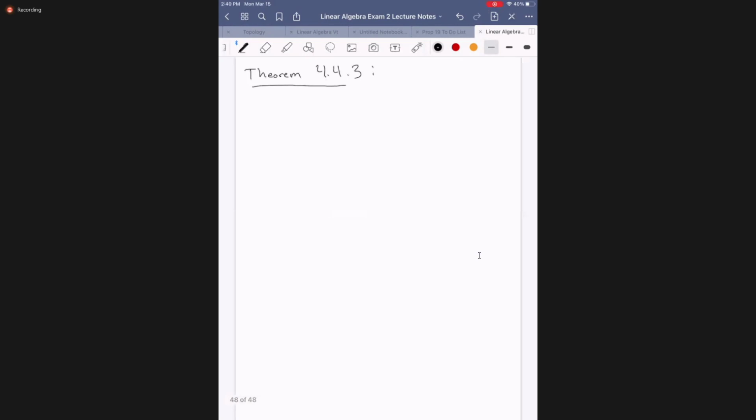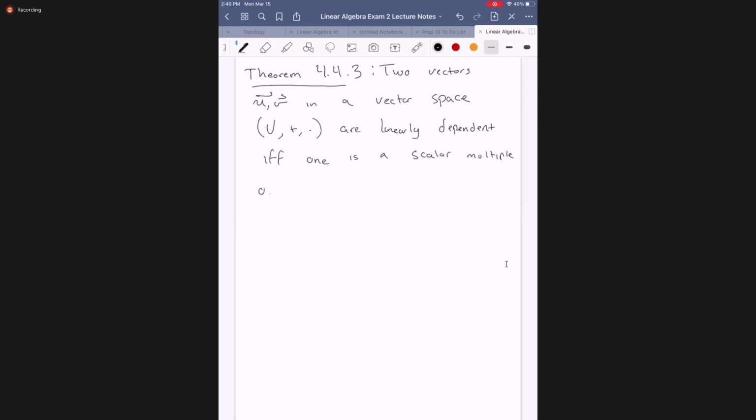So two vectors U and V in a vector space are linearly dependent if and only if one is a scalar multiple of the other. Okay.